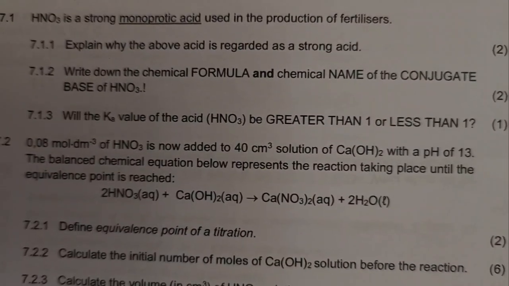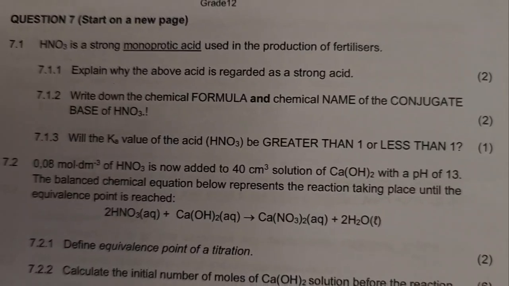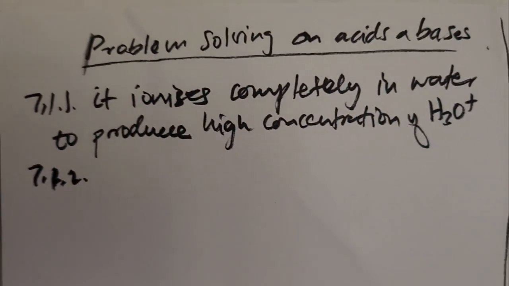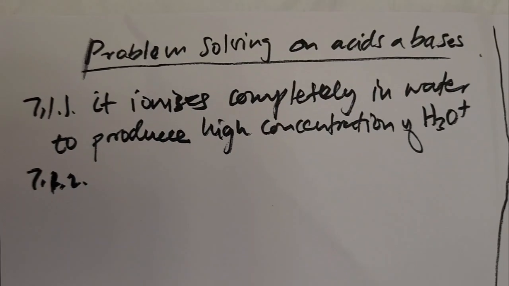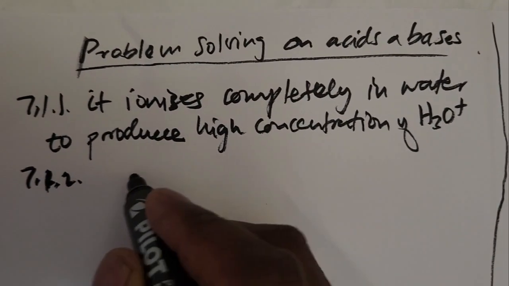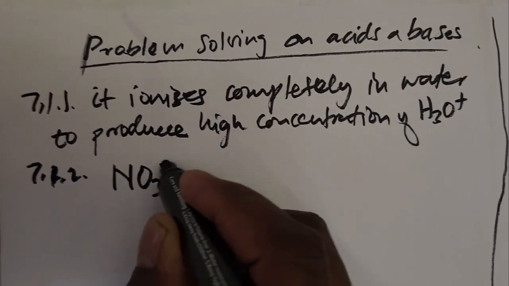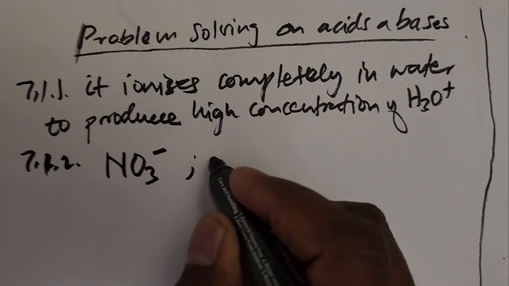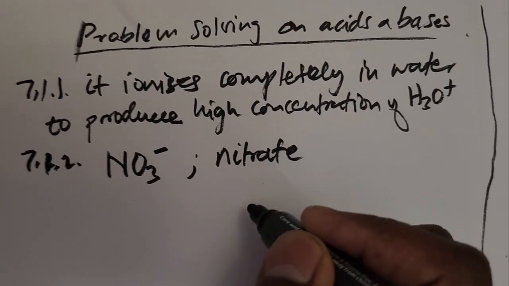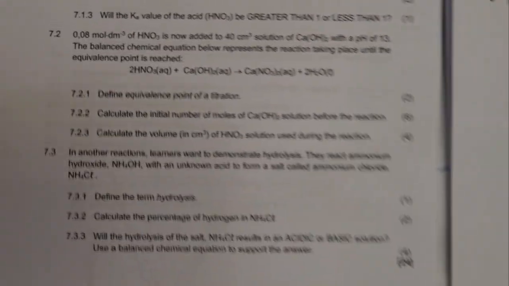Remember, the conjugate base of a substance is the substance with 1 hydrogen, 1 H plus, less. Therefore, for HNO3 the formula will be NO3 minus, and the name will be nitrate. You just write nitrate. You don't have to say nitrate ion. Remember, nitrate is an ion on its own.